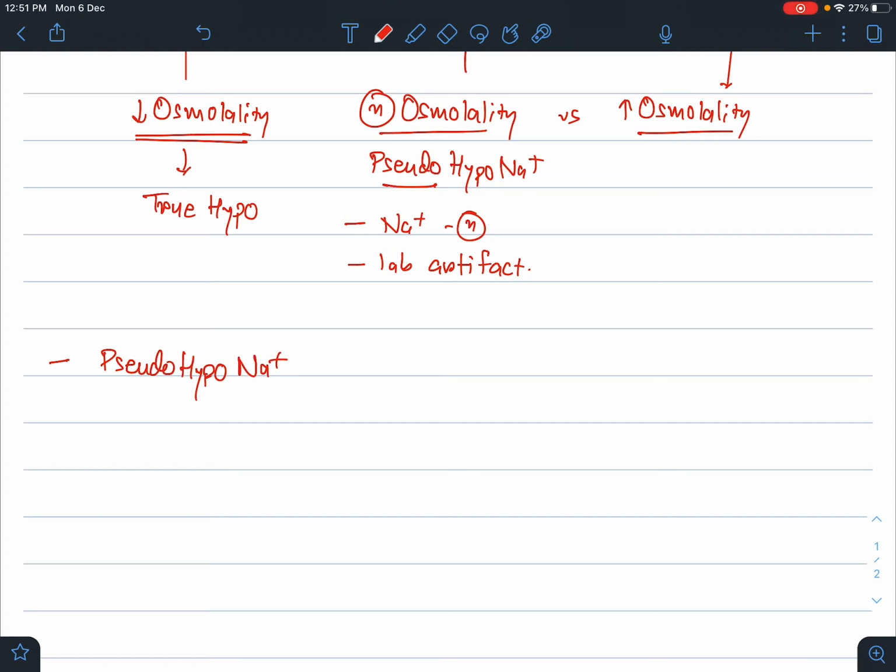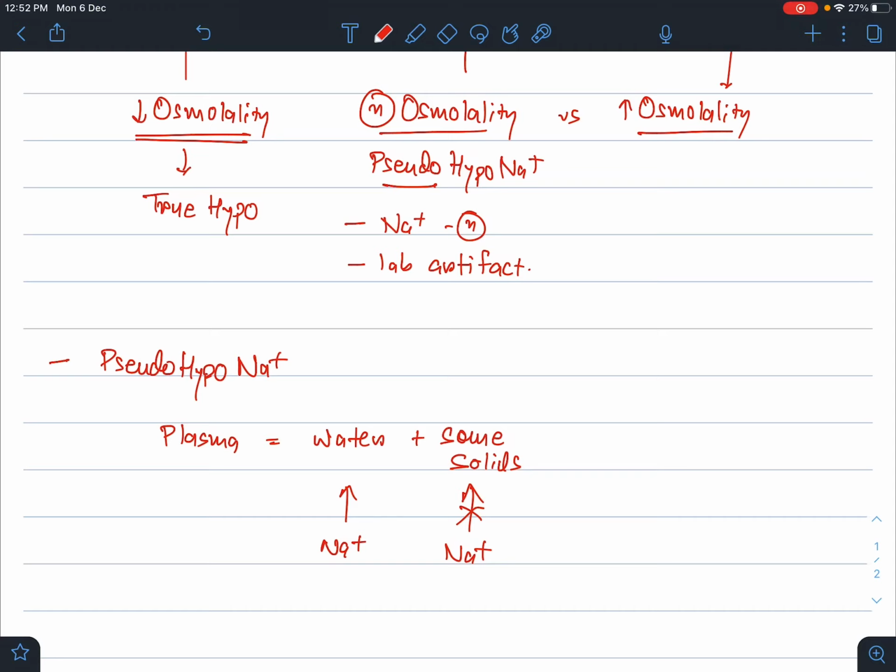The conventional laboratory equipment measures sodium in plasma. Plasma is actually composed of water plus some amount of solids that are dissolved in it. Sodium is dissolved in water, but it is not there in some solids.